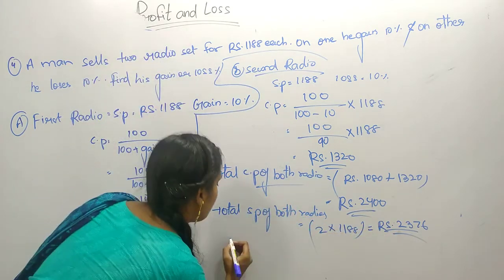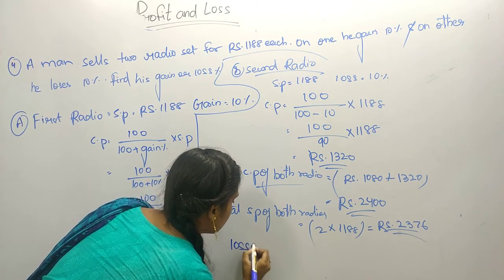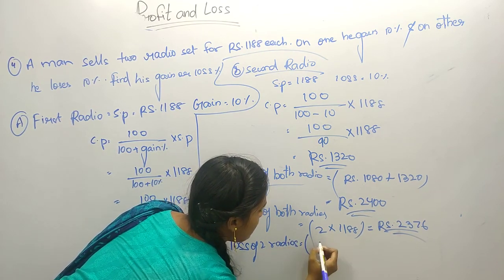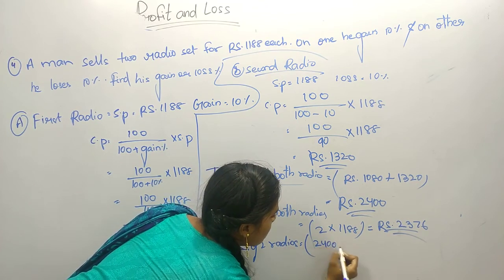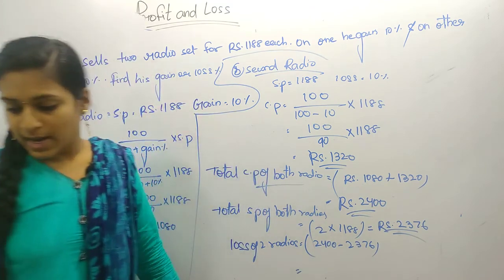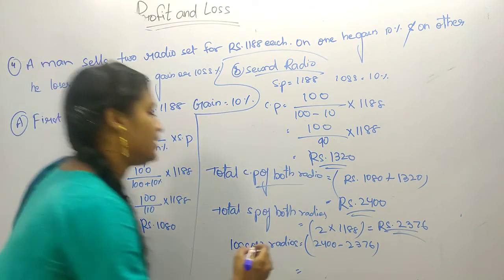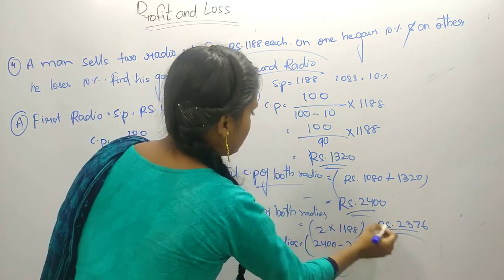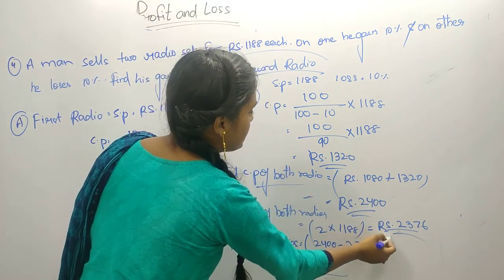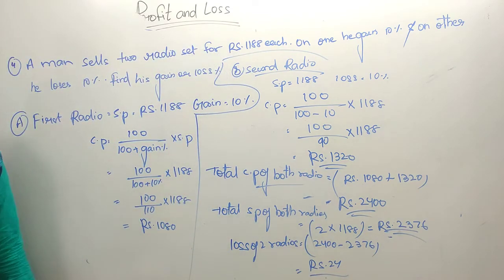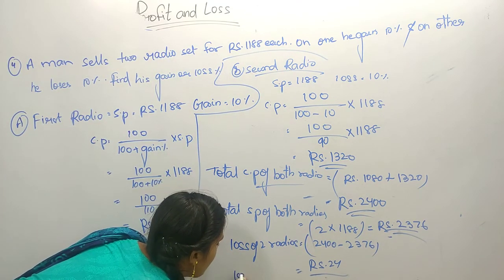Then finally we'll do loss of two radios. Two radios is equals to how much? 2400 minus 2376. By subtracting this, what the answer will get? Rupees 24. For both of these, by cost price and selling price, that how much difference? Rupees 24 difference. Now finally we will find out loss percent.